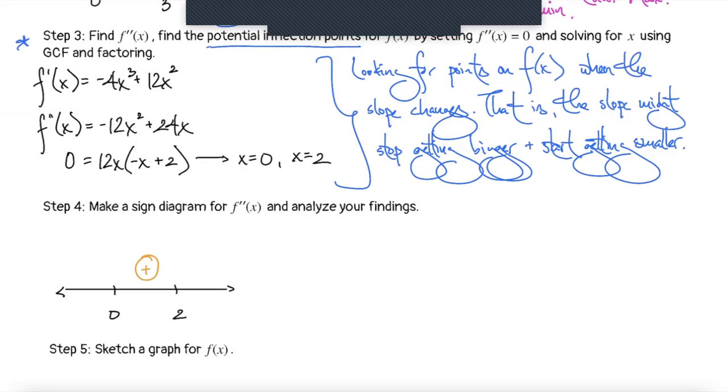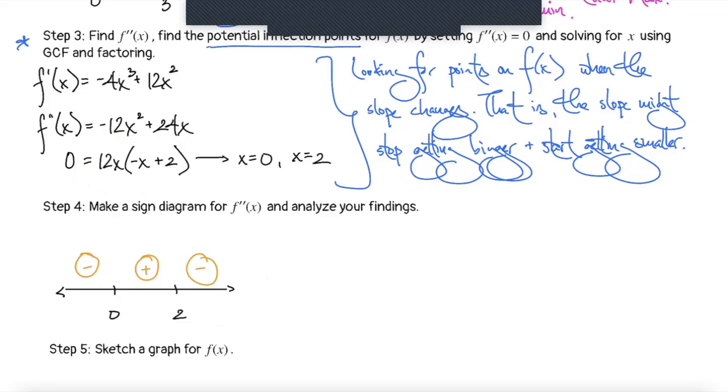So for example, if I pick the number 1 and I plug that in here, I will see that I end up with a positive number. If we pick 3, looks like we're going to get a negative number. And what about the first region, less than 0? Yeah, that's going to be negative.